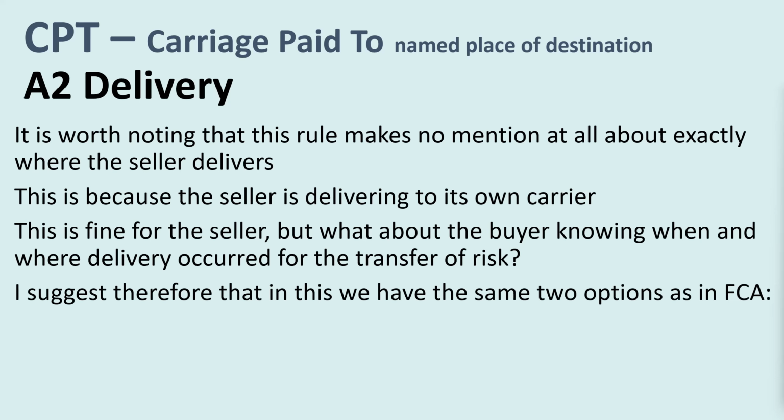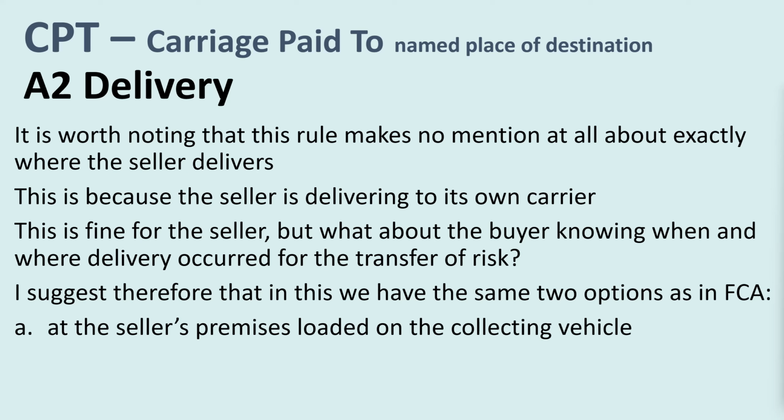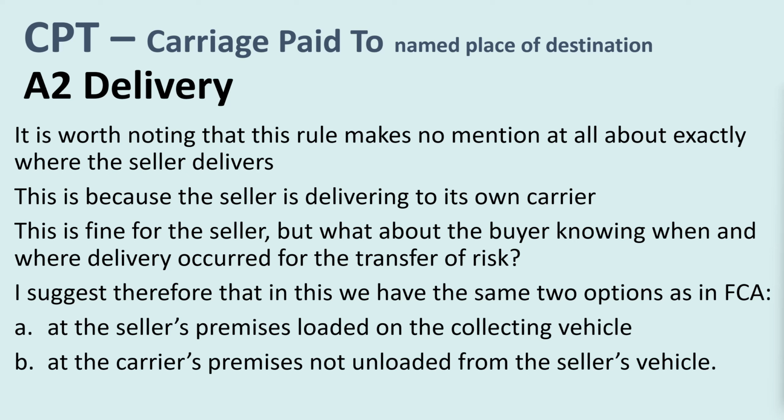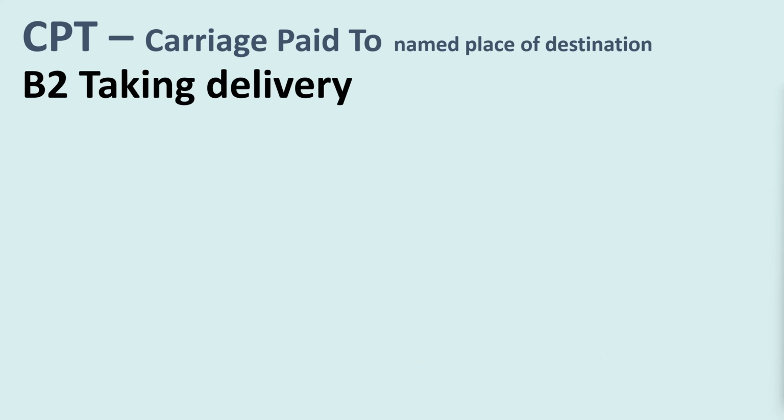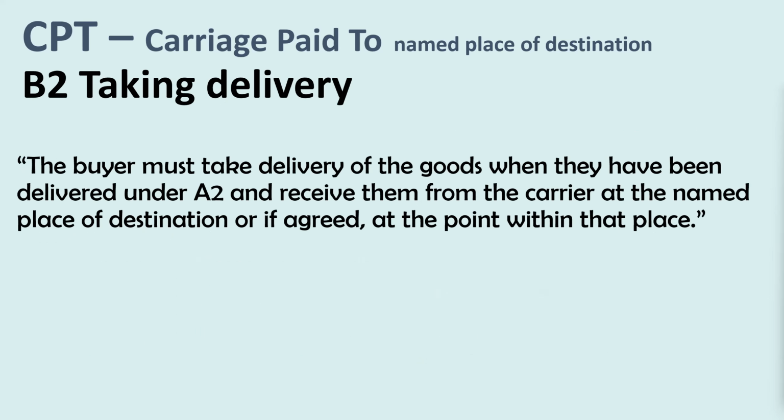I suggest, therefore, that in this we have the same 2 options as in FCA. A, at the seller's premises, loaded on the collecting vehicle, and B, at the carrier's premises, not unloaded from the seller's vehicle.